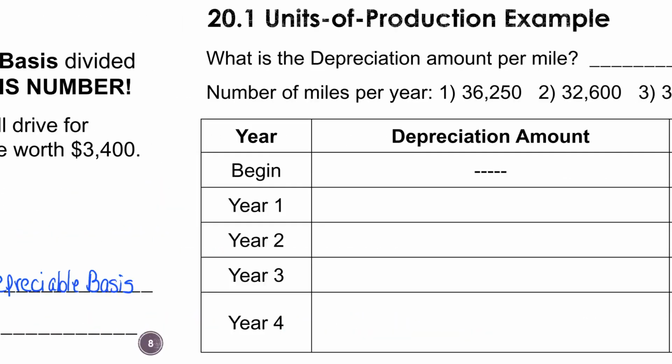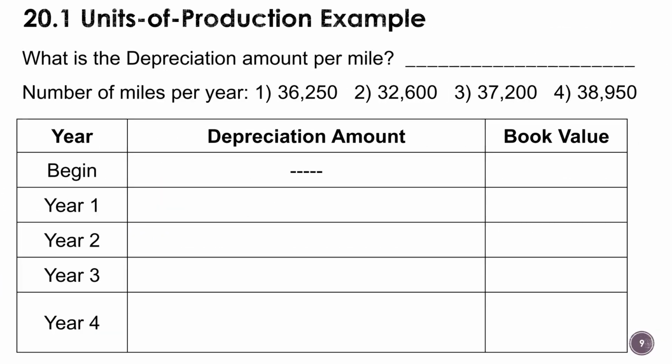Okay. Now hopefully I can work through this method before I have to stop the video, and that would be unfortunate if we have to stop it first. Okay, so to find the depreciation amount per mile, we take our depreciable basis and divide it by the number of units, in this case 150,000 miles, and that gives us this number 0.084, and that's how much we can deduct per mile.